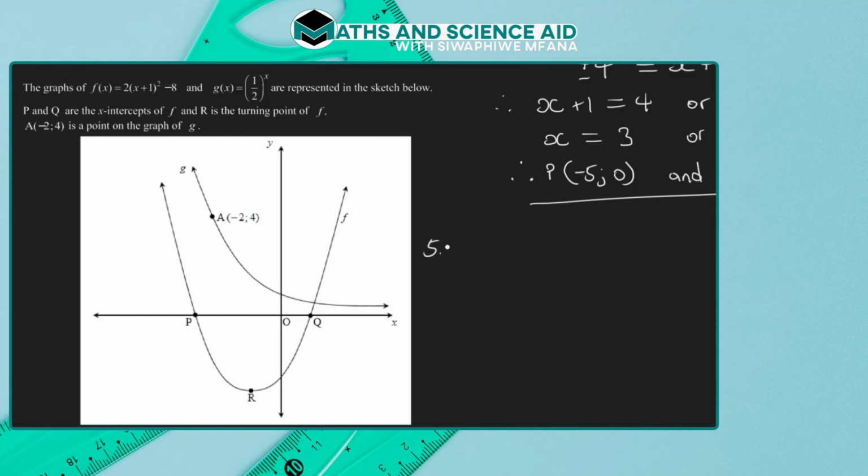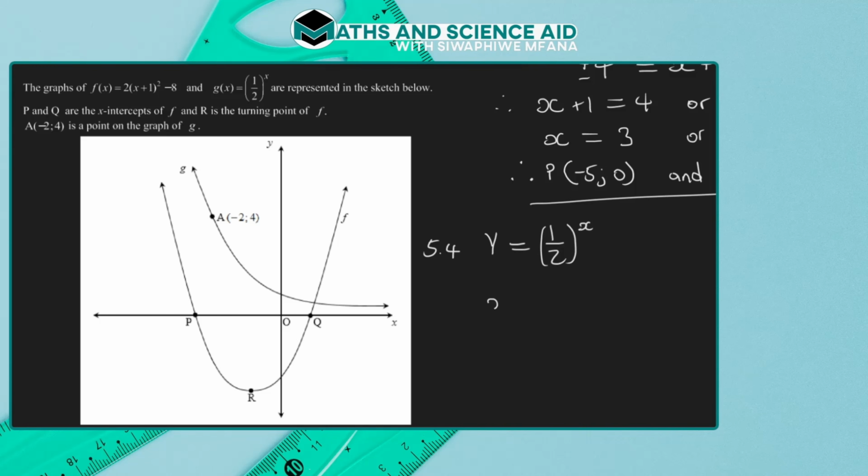To find an inverse of g, we need to interchange x and y and then make y the subject of the formula. So first of all, we can write this equation of g as y is equal to (1 over 2) to the power of x.